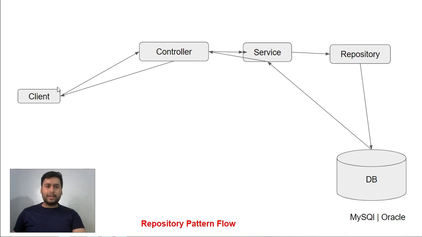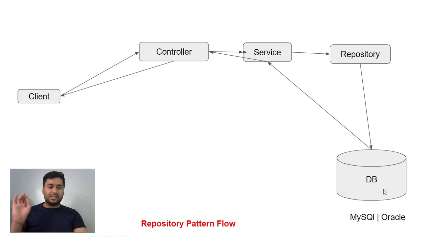You can assume it. Right now we are working in core Java, so you can assume this is the main method. The main method class will call the controller, the controller will call the service, and the service will call the repository. The repository will internally interact with the database.